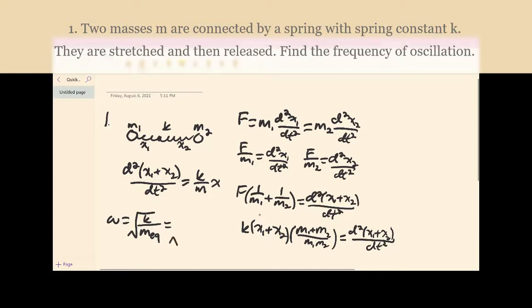So this would just be equal to the square root of k times (m1 plus m2) over m1 m2. And if we look at the original problem, which has m1 equals m2, this would just be equal to the square root of 2k over m. So yeah, that's the answer to the first problem.